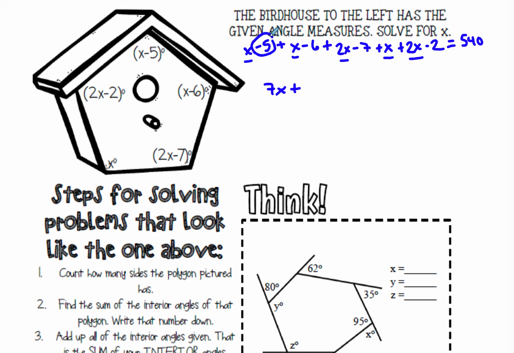I've got a negative 5, a negative 6, a negative 7. So negative 11 plus negative 7 would be negative 18. Plus another negative 2 would be negative 20. So 7x plus negative 20 equals 540.